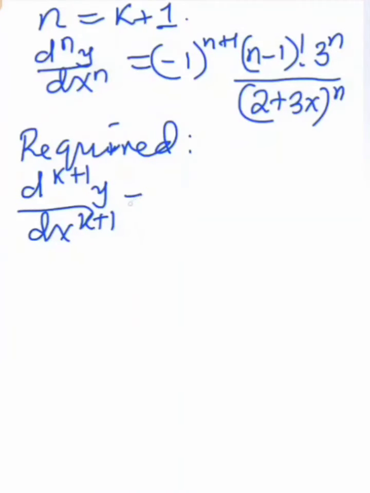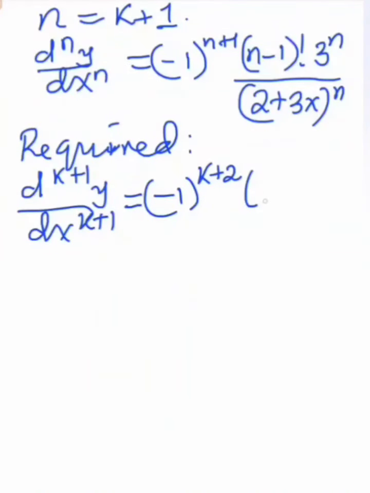So in the inductive step I will need to show that d to the k plus 1 y over dx to the k plus 1 should be equal to negative 1 to the n plus 1. Now n is k plus 1, so k plus 1 will give k plus 2 as the power of negative 1, into n minus 1 factorial.